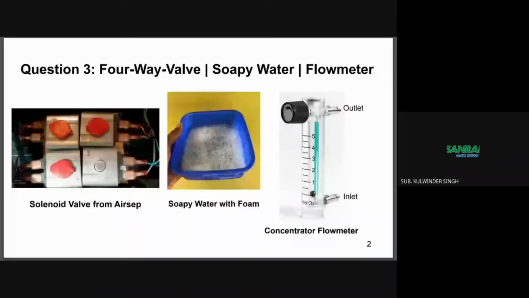Thanks, Mavi. It seems this concentrator has multiple problems. What is required is to do proper troubleshooting and solve the problems as they are found. One of the root causes of fluctuation is a faulty four-way or solenoid valve, as we can see in the pictures.